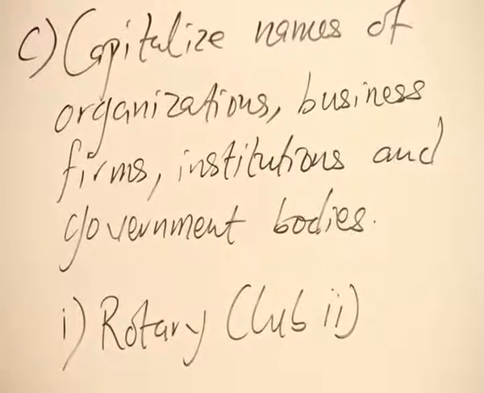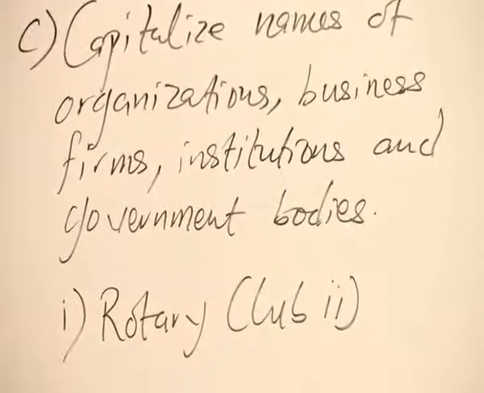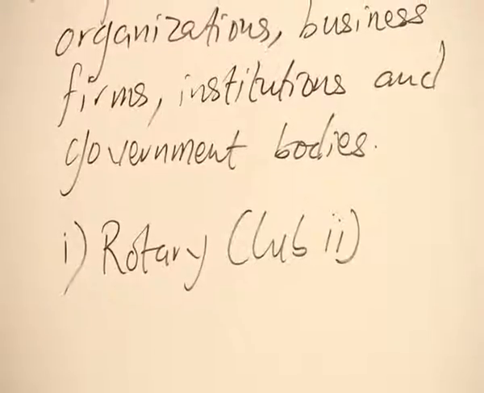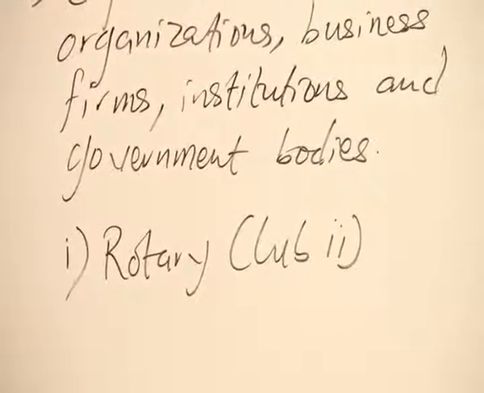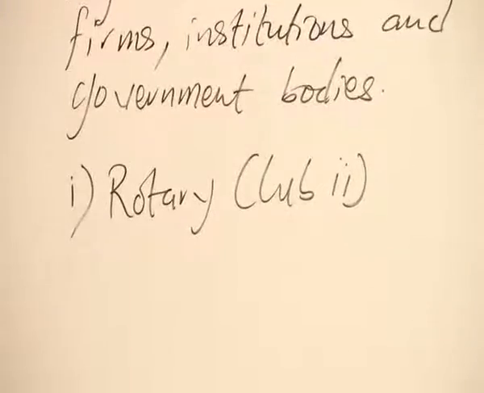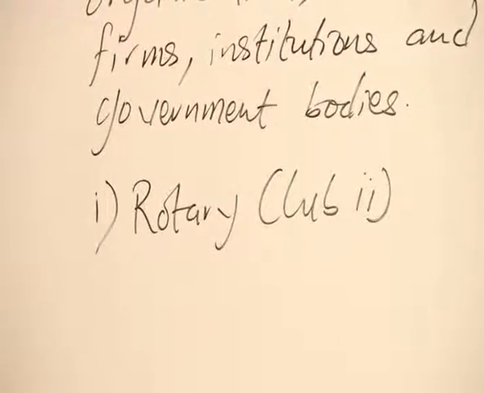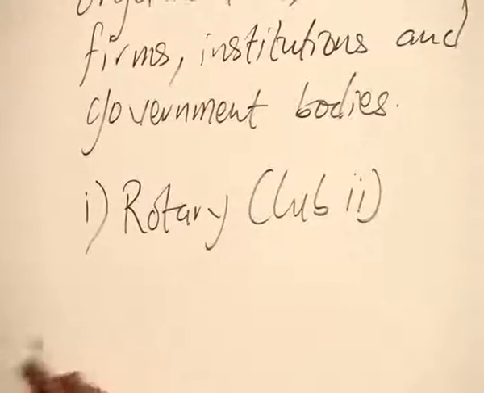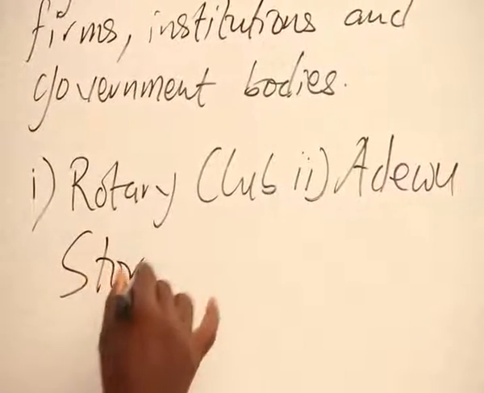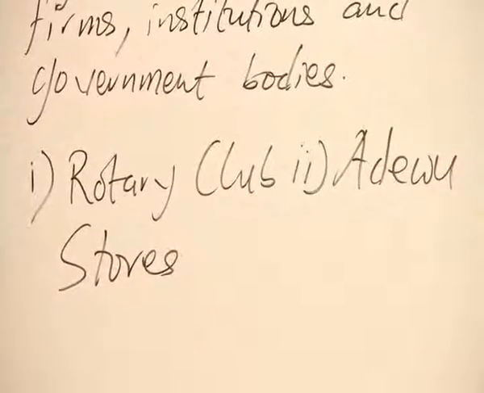Then it could be a business firm. Even if it's a business firm, we also use capital letters to begin the words. So, for example, we can take Adewu Stores. That will begin with capital letters.